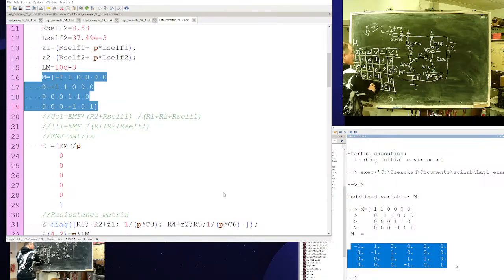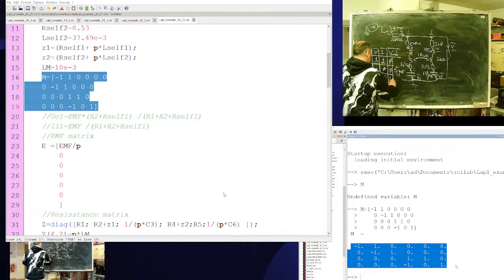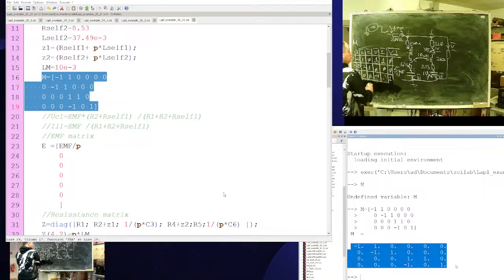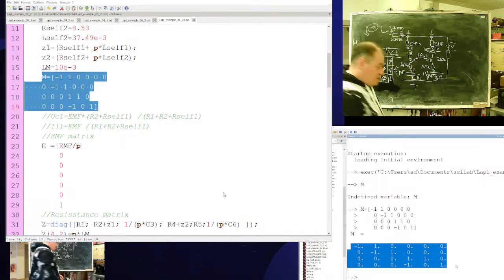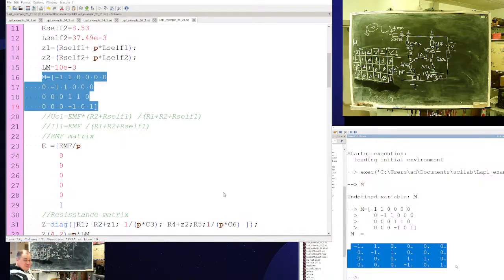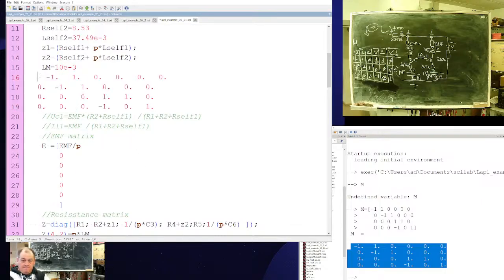This one goes. And branch 6 from 3 to nothing. And 5 goes from 1 to nothing. Yeah, it's a mistake. It's unsolvable. Okay. It was a mistake.